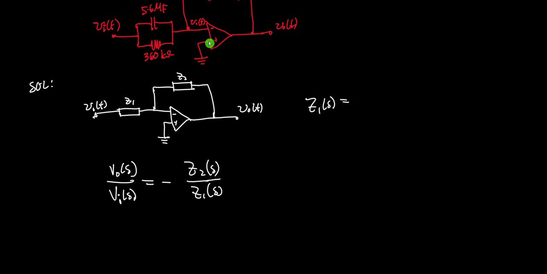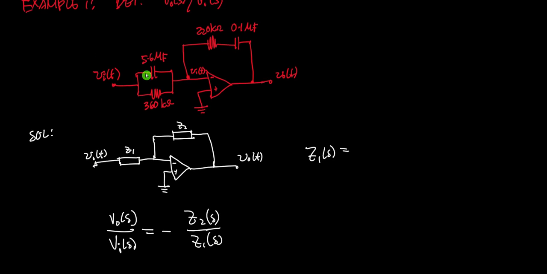This is just the parallel combination of 5.6 microfarad and 360 kilo ohms. So we just need to convert them first into the S domain, just like what we did before. This 5.6 microfarad here will become 1 over SC, so 1 over 5.6 times 10 to the negative 6 times S. And for this one, it's just the same, 360 kilo ohms.